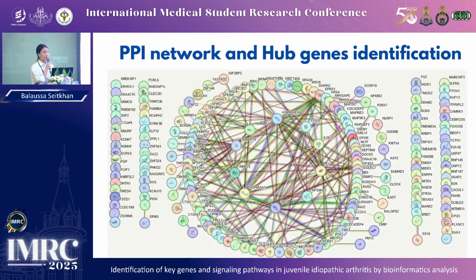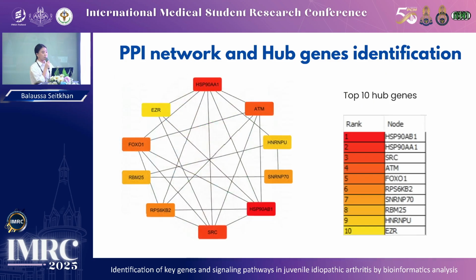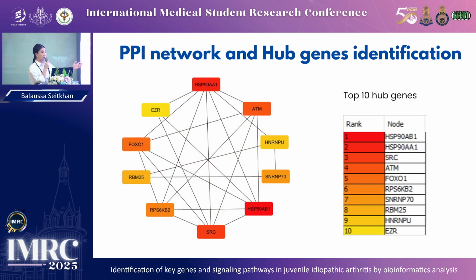So finally, we constructed a PPI network to see the connections between genes and proteins. And thanks to it, we can identify the top 10 hub genes and also visualize them in Cytoscape.